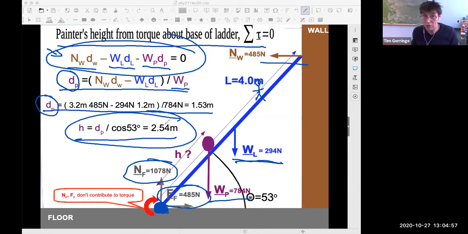Okay, it's also a long problem. I don't want to hide the fact that it's not an easy problem that we just solved. It's a tough problem, but we've answered an important question for the painter: how high could that painter climb? And we did it by understanding all the things that are going on with that ladder, all the forces and torques that are exerted on that ladder.